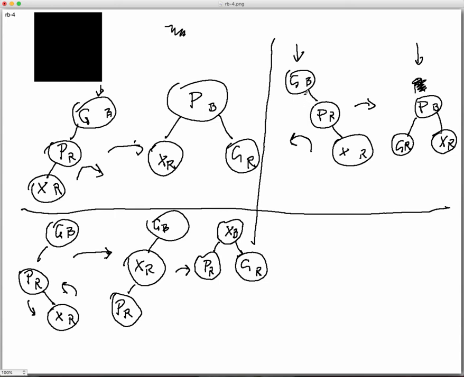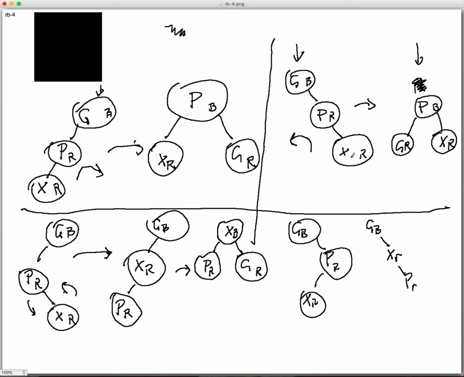And you can see the same thing is going to happen over here. If I've got a grandparent that's black, and I come over here and have a parent that is red, and then I have the child that is red, the first thing I do is flip these two. So I get the grandparent, which is black, and I get X, which is red, and I get the parent, which is red.